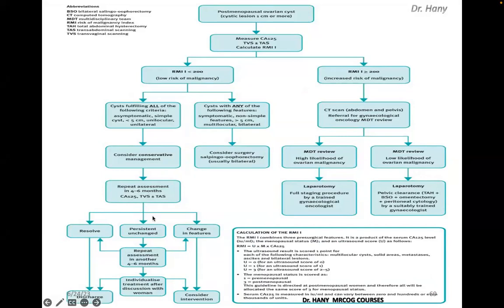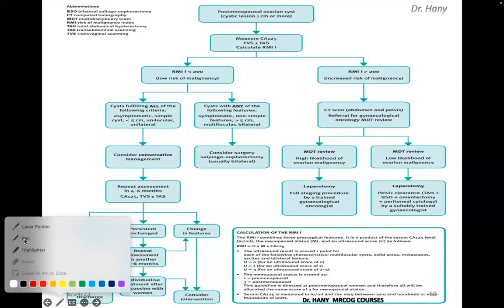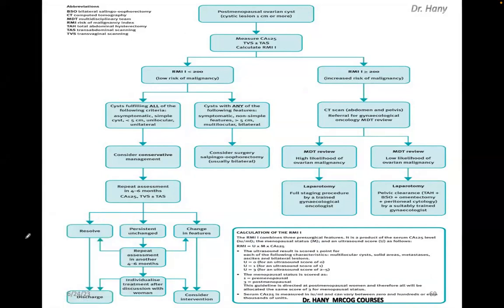The first one, then the second one, and the third is if it is persistent. If the cyst is persistent for 1 year without concern, discharge. If there is concern, bilateral salpingo-oophorectomy. Persistent for 1 year, no concern, discharge. Any concern, intervention. Any change, intervention.